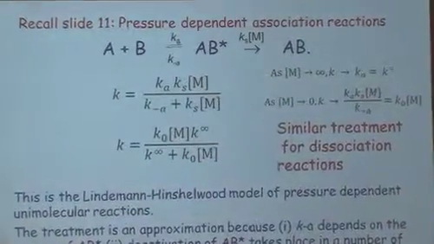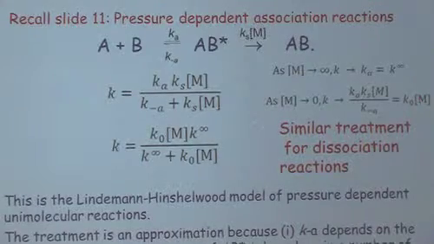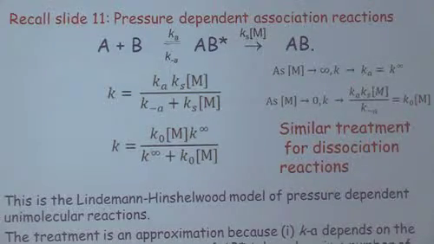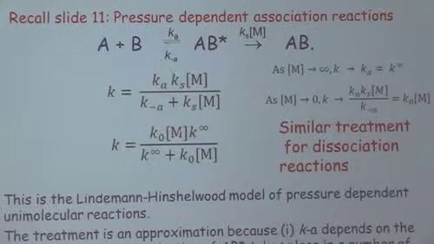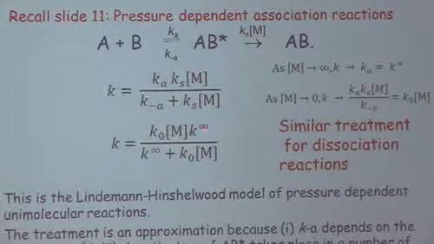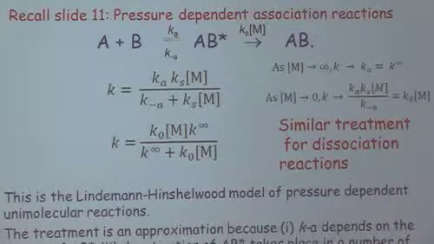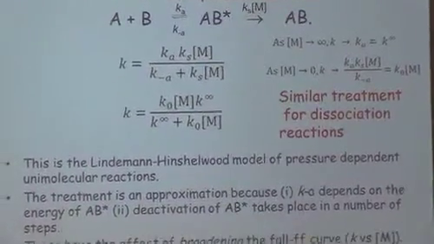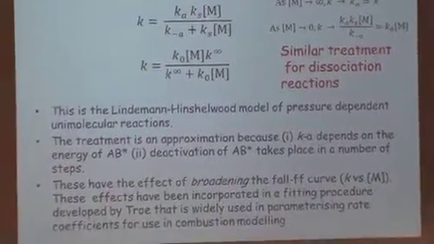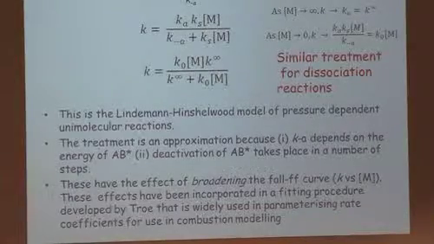And we can define limiting values K infinity and K0. And if we substitute those in there, we get this form for the rate coefficient. K is equal to K0 times M times K infinity over K infinity plus K0 M. And you can have an exactly equivalent treatment for dissociation reactions.